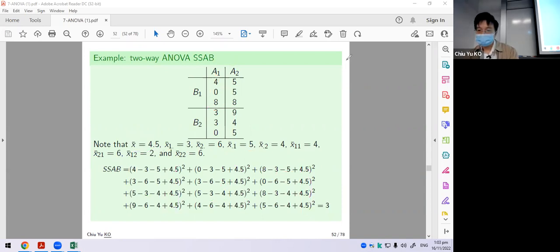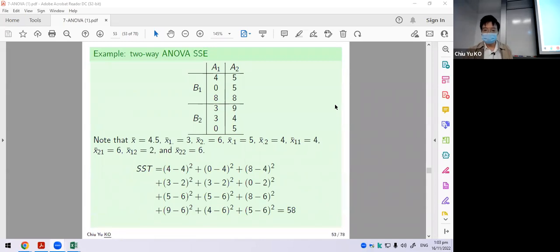So the last one we want is SST. SST is really simple. It's just replaced by the group means. This group has a group mean of 4, so that's why 4 is here.